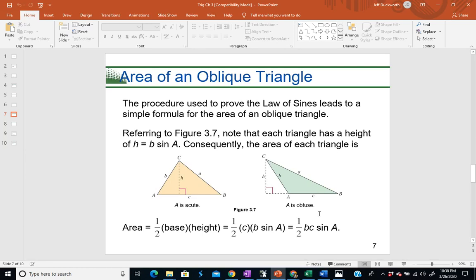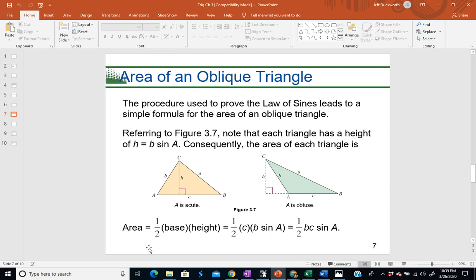Okay, the other topic from Chapter 3, Section 1 is calculating the area of an oblique triangle. Essentially, the law of sines will give us a formula to calculate how to do this.